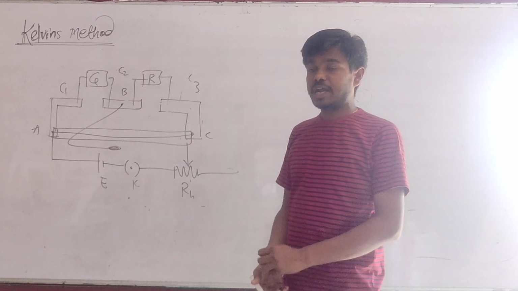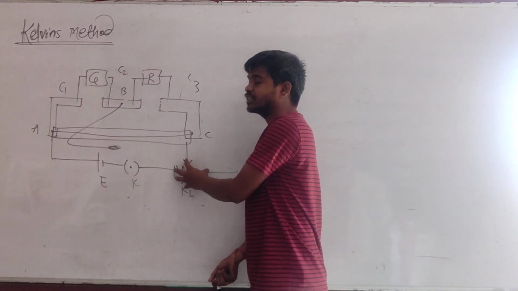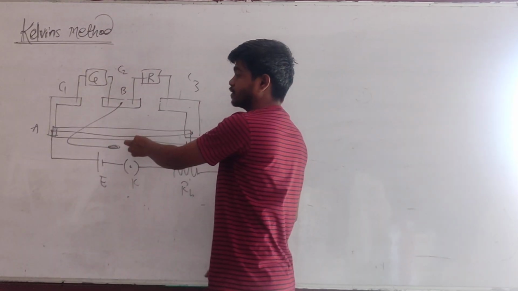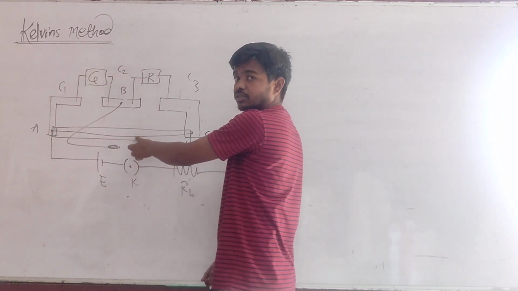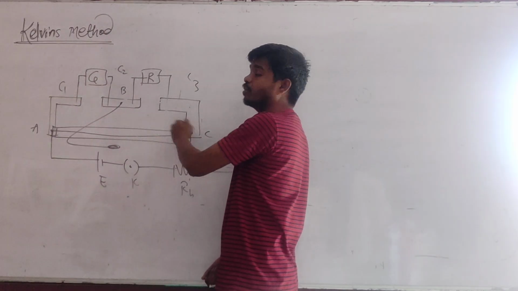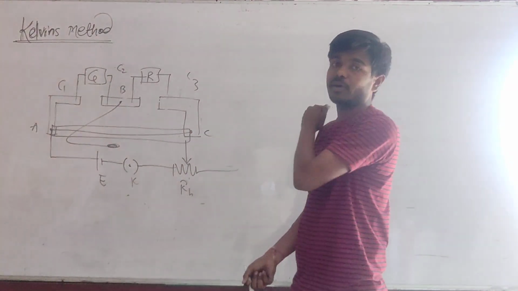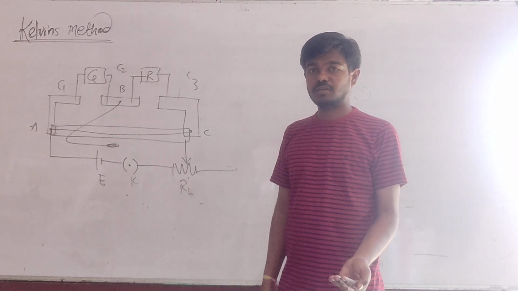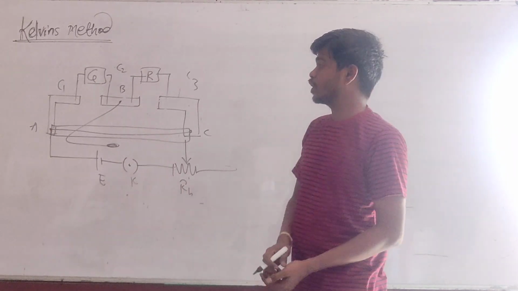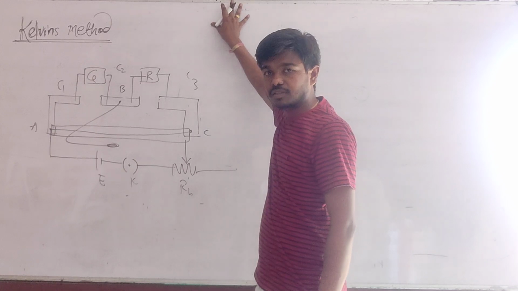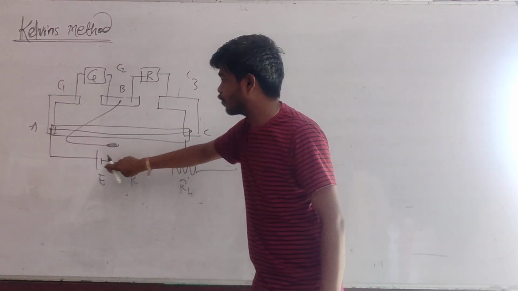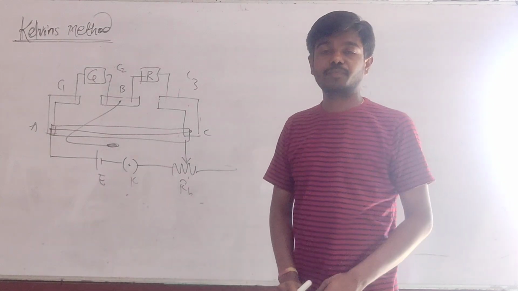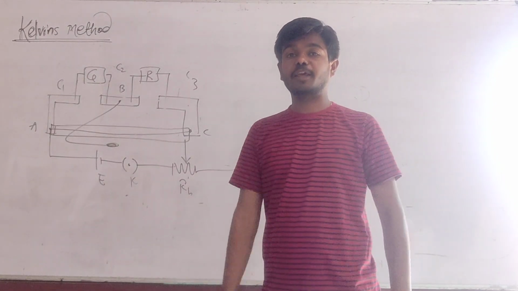Now, adjust the rheostat and touch the jockey at different points. The galvanometer shows the same deflection at 2/3 of the wire. That means the first point of the working is: remove the resistance from the resistance box, close the plug K, current flows through the wire, and the galvanometer shows a certain deflection. That is the first point of the working.